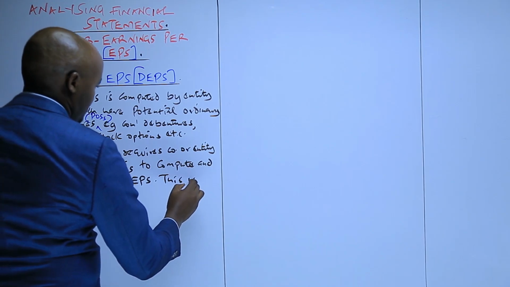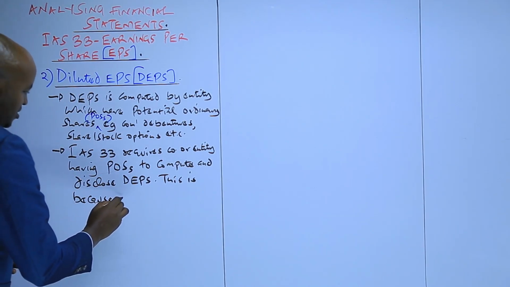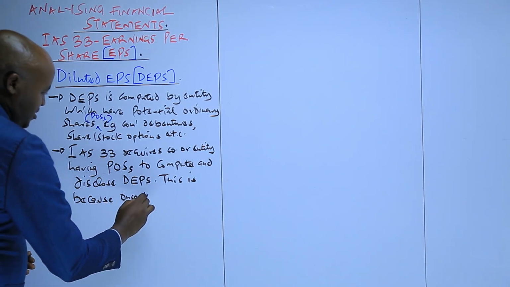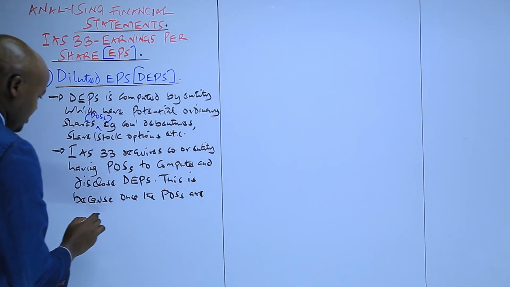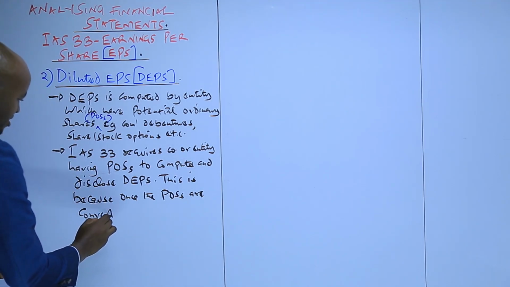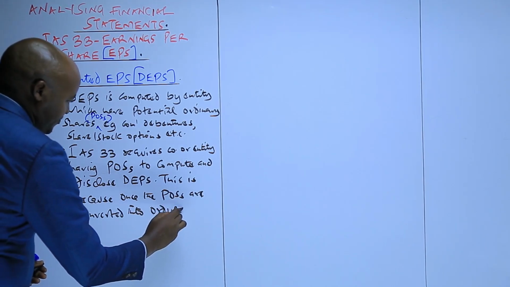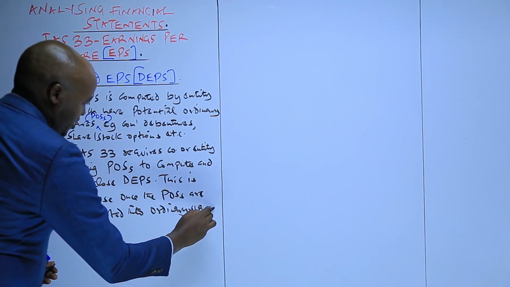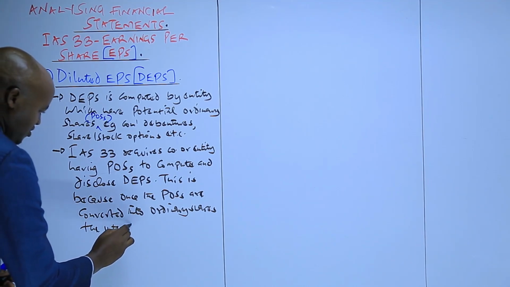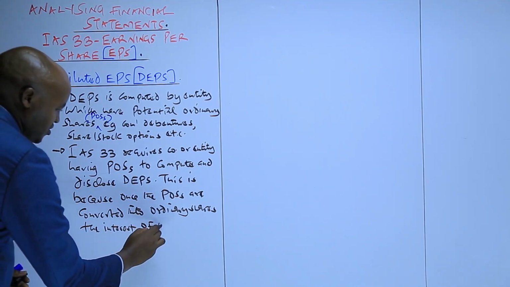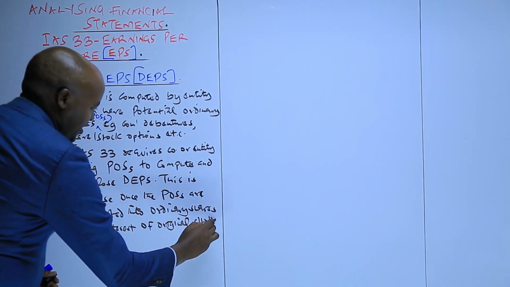This is because once the POS, the potential ordinary shares, are converted into ordinary shares, the interest of original shareholders will be diluted.